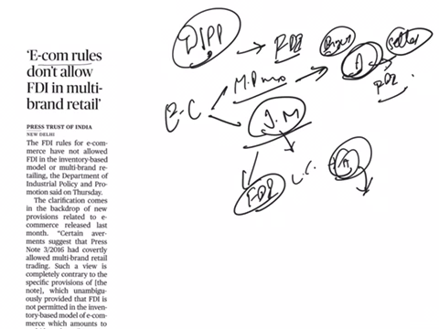So now if we see what the new features are, here the vendor, the person who is selling, if he has any stake owned by an e-commerce company, then he cannot sell his products on that company's portal. Let us take a vendor.